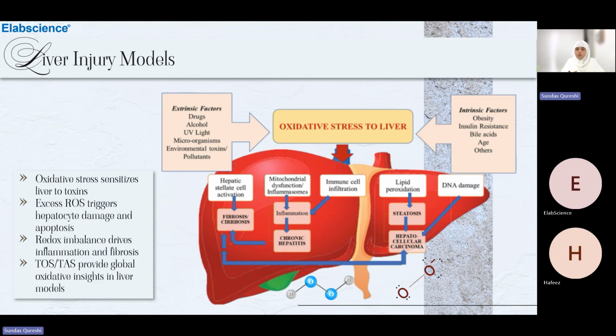By measuring both the total oxidant and antioxidant capacity statuses, we can get a comprehensive view of oxidative load in the liver. These measurements ultimately help us link the redox changes to functional outcomes, enabling better understanding of disease mechanisms and evaluation of potential interventions.